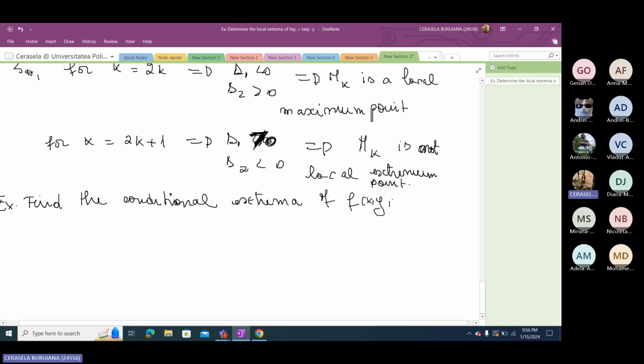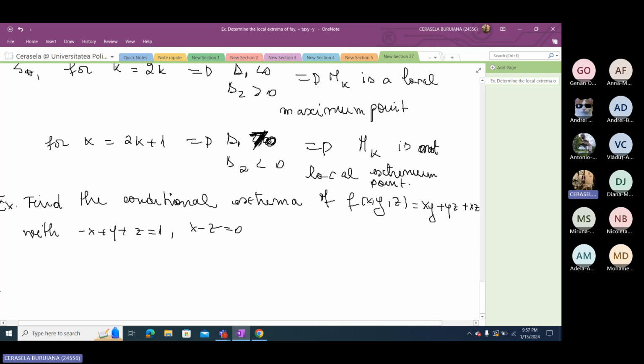It will be a function with three variables: x times y plus y times z plus x times z. So that's the function with the conditions. We have several conditions, well, two conditions. These are minus x plus y plus z equals 1, and also x minus z equals 0. Okay. These are the conditions. This is the exercise.